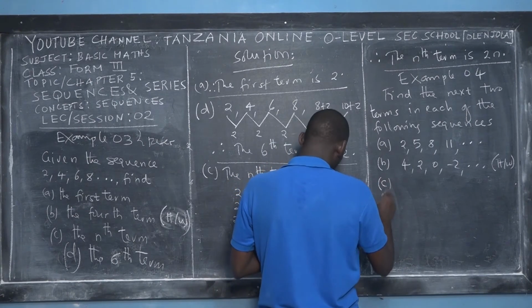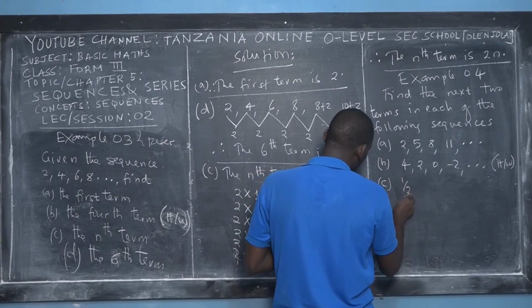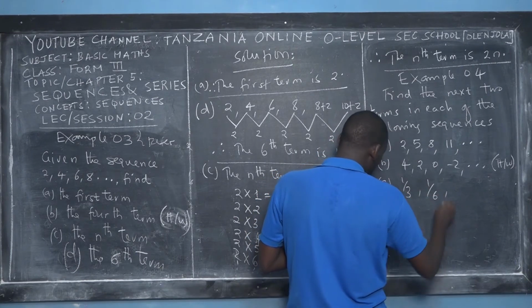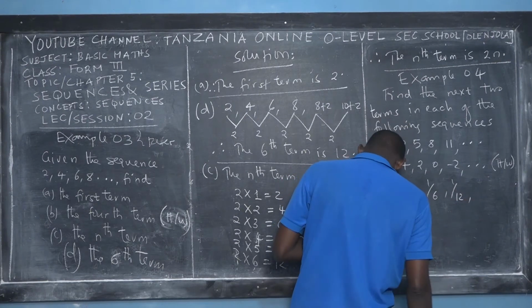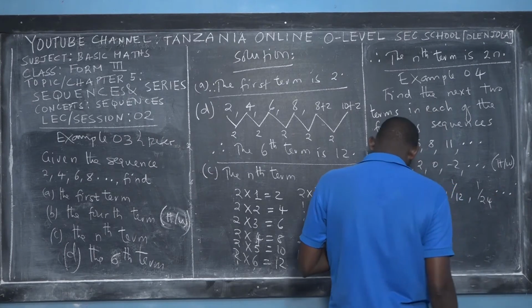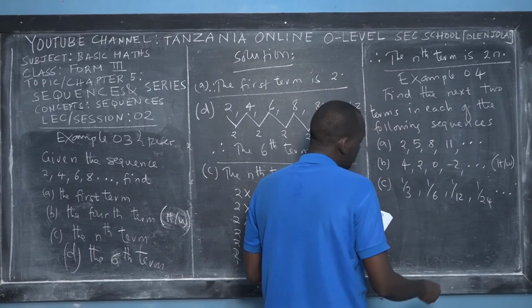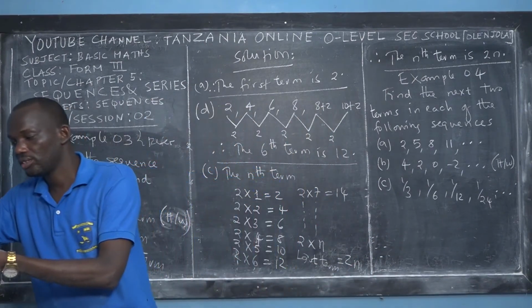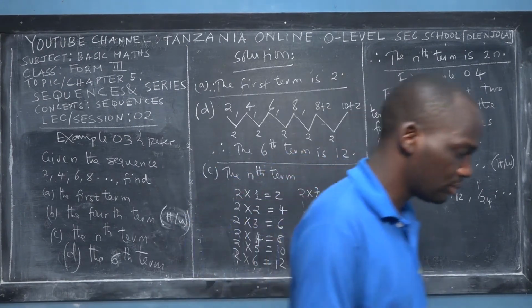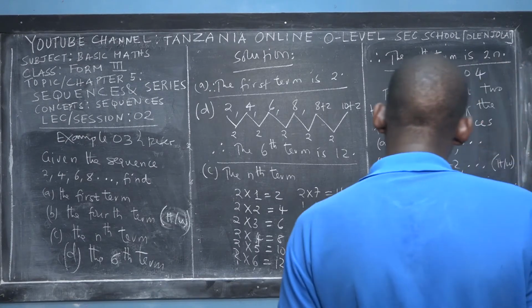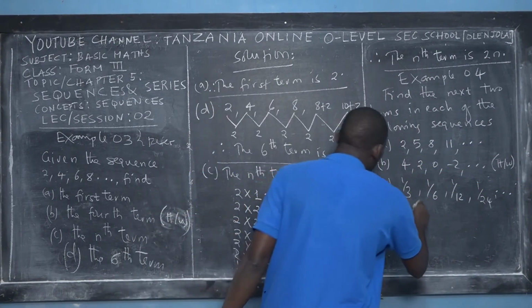Then we have Roman C: 1/3, 1/6, 1/12, 1/24. So that's the question. When we solve, I leave you 2 questions to do as your homework. Of course, you have to test yourself to see if you've understood what I've been teaching you. Solution.